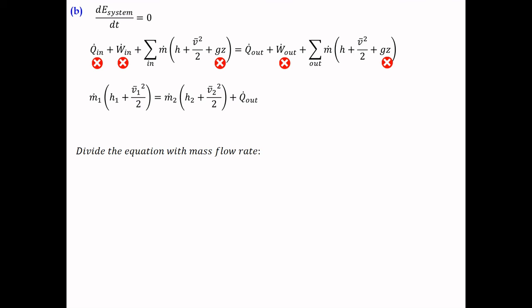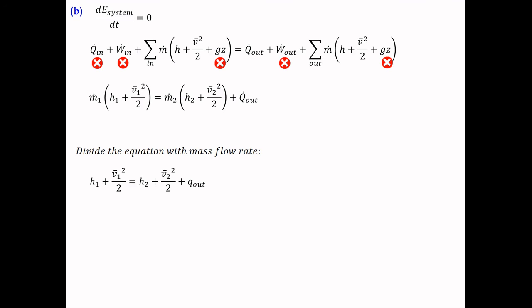So we can eliminate the term for m1 dot and also m2 dot in the equation. So the final energy equation for the nozzle will be h1 plus V1 bar square divided by 2 equal to h2 plus V2 bar square divided by 2 plus Q out.